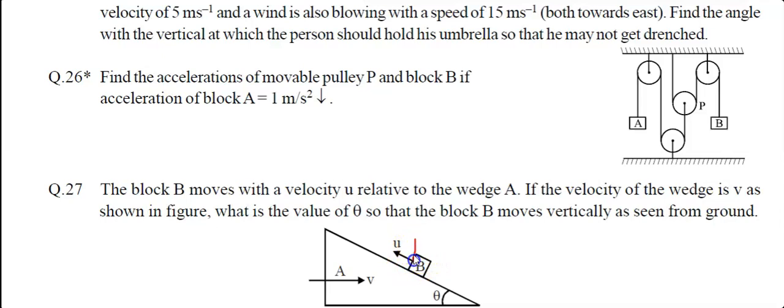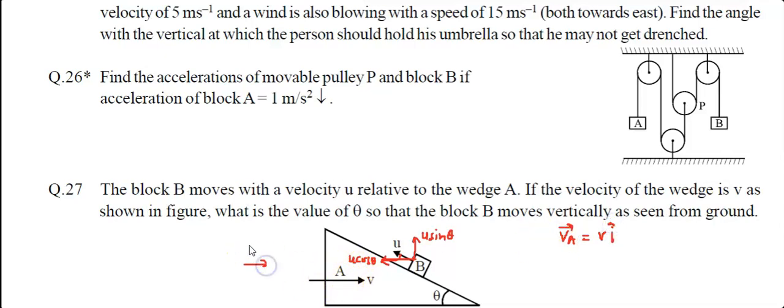Let's make two components of this velocity so that it will be easy for us to work with. If it is theta, so it becomes u sin theta, and that will become u cos theta. Now this u is the velocity relative to the wedge. So what we are going to write: the velocity of A with respect to ground is v i cap.